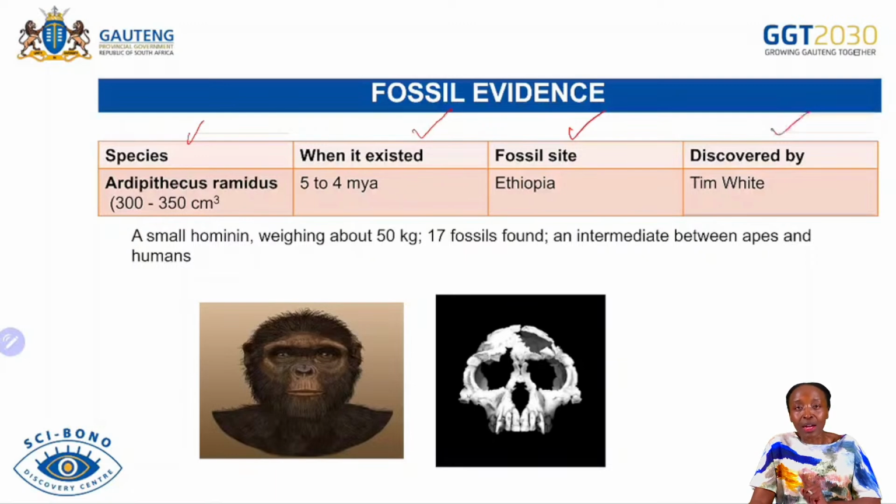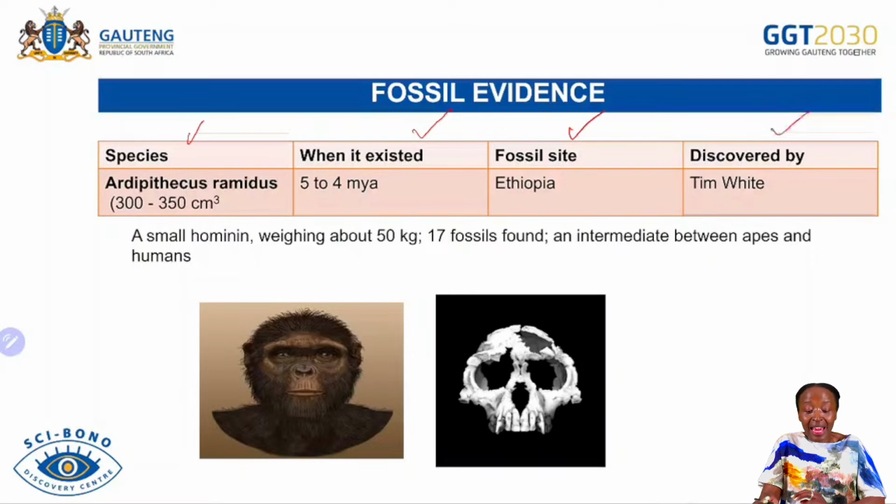But mainly what is important according to your exam guideline is the name, when, by whom, and where it was found. Another thing most grade 12 learners ask us is: are we supposed to know these names? Yes, you must know the names. Even if the spelling is not 100% correct, it must not change the meaning of the word.